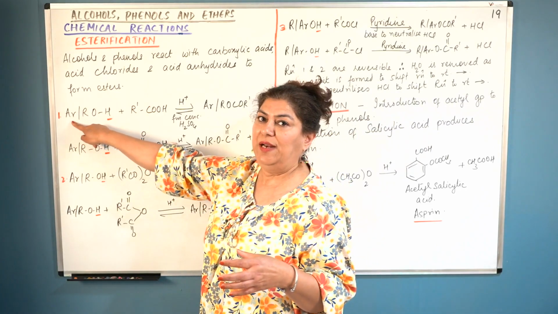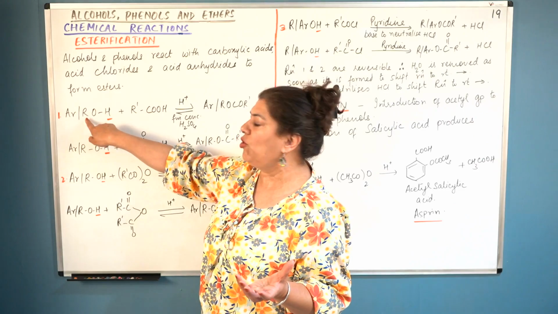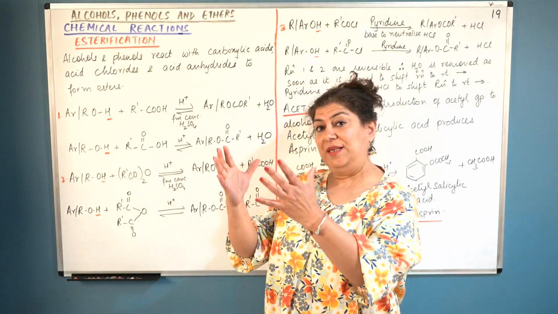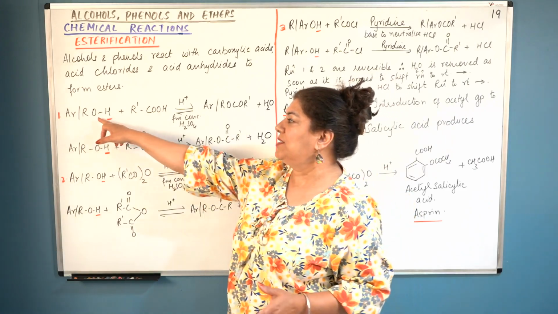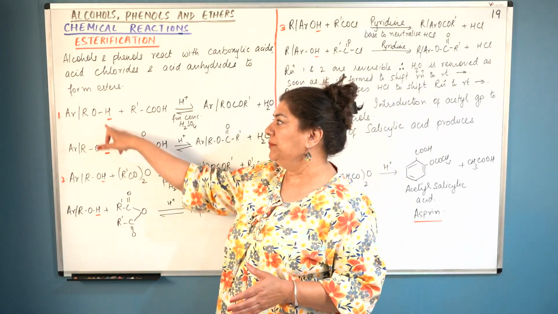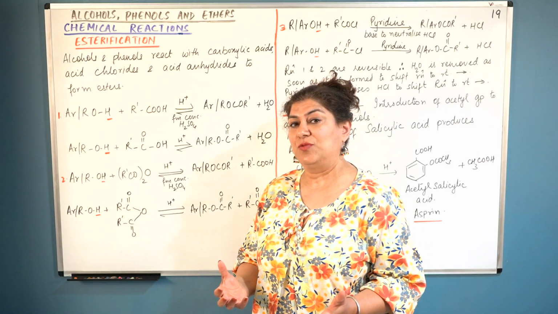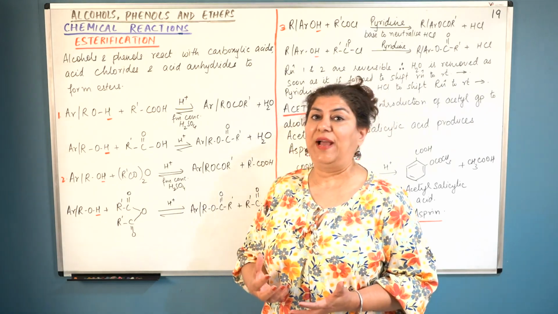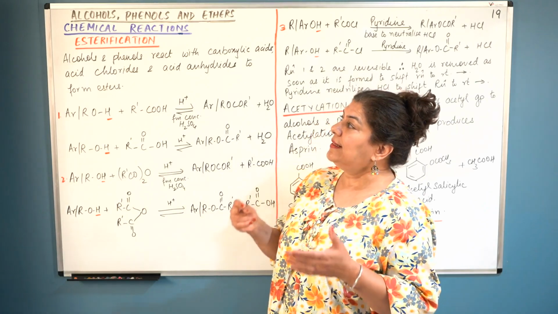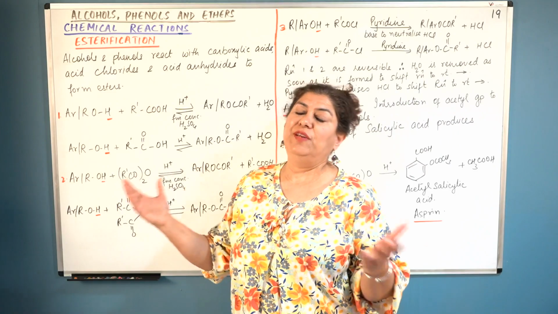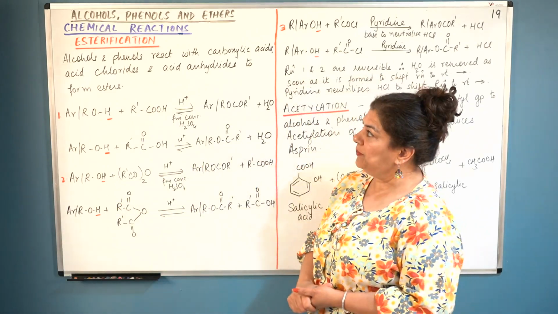It could be the carbon of the aryl group or the carbon of the alkyl group. We studied the first category, that is, breaking of the OH bond. The first type of reaction we studied was the acidic character of alcohols and phenols. The second type of reaction under this category is esterification, which I will be explaining in this video.